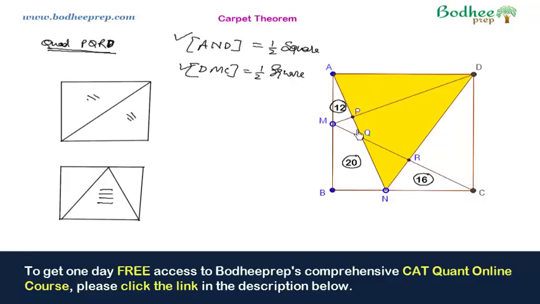And similarly, if I combine this portion as well as this portion, then these will be the area which will be covered with the carpet, and the rest of the area, the values of which are given like 12, 20 and 16, will be uncovered.